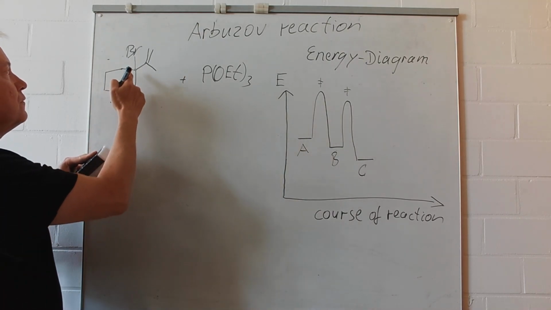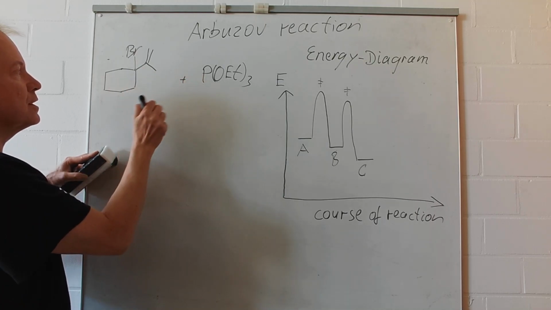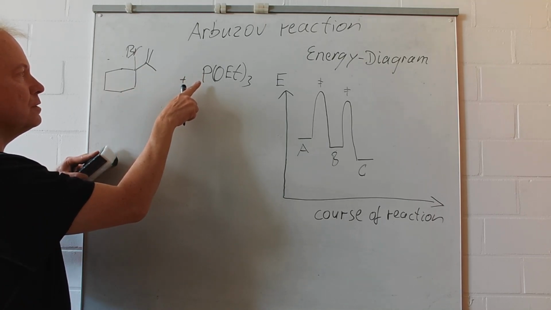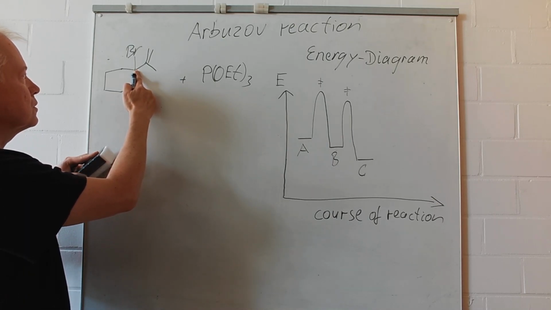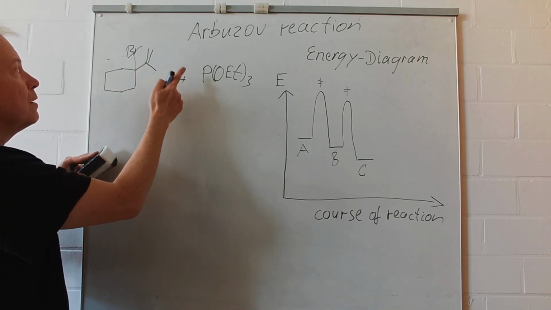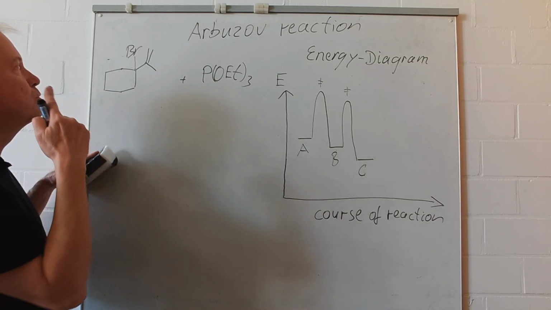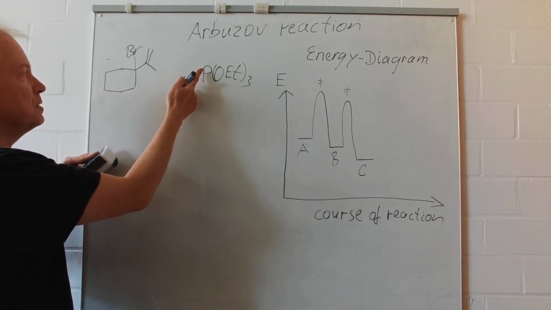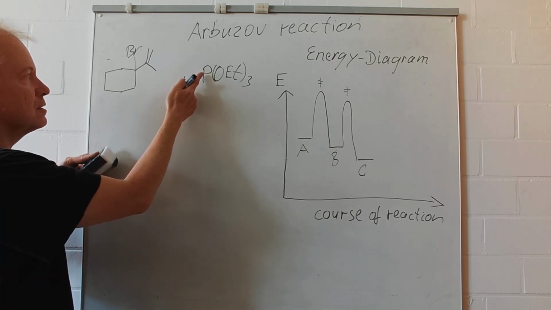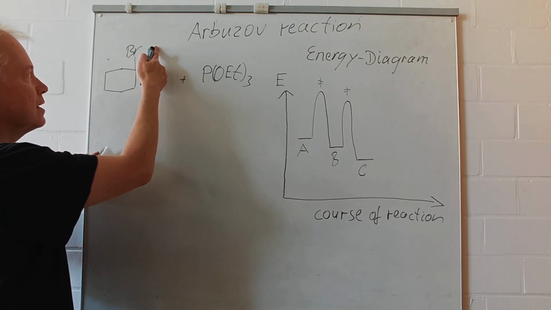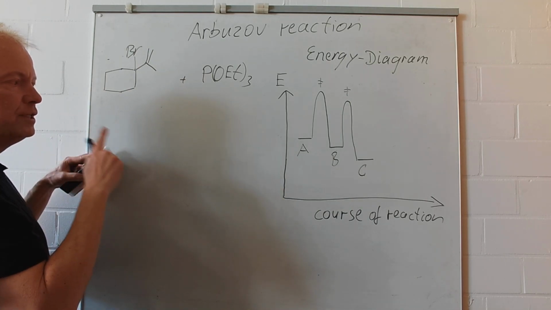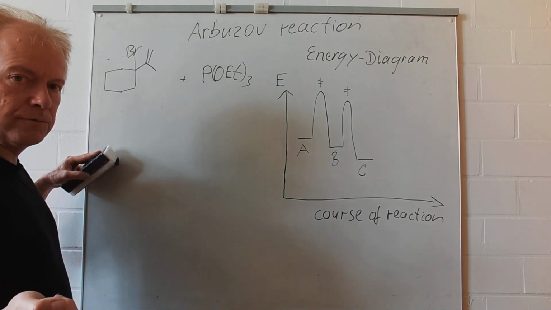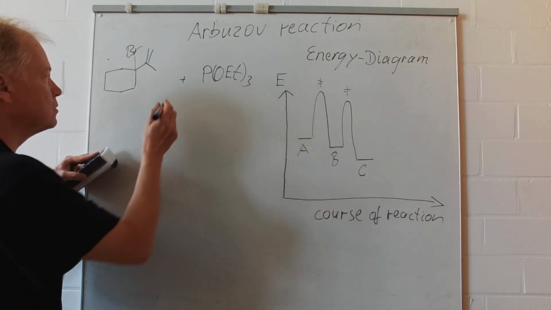In this case, the direct attack of the triethyl phosphite at the tertiary center is sterically hindered, so there might be an SN2 prime process taking place. That means that the phosphine will attack at the double bond. SN2 prime will lead to the same product as we will see with an SN1 process.